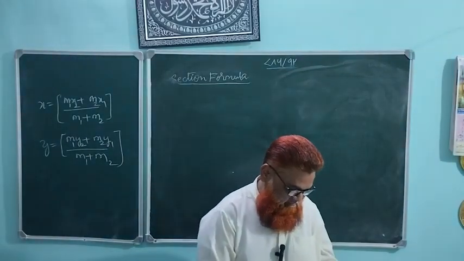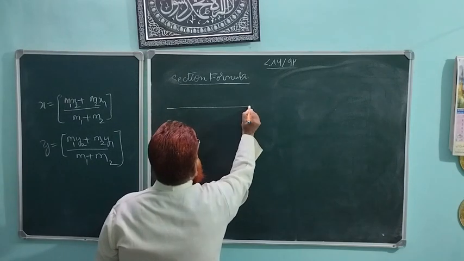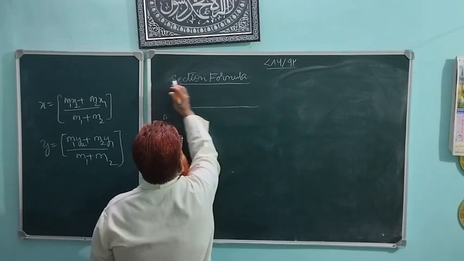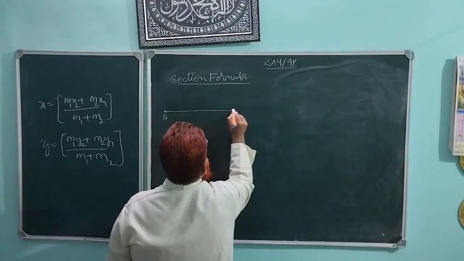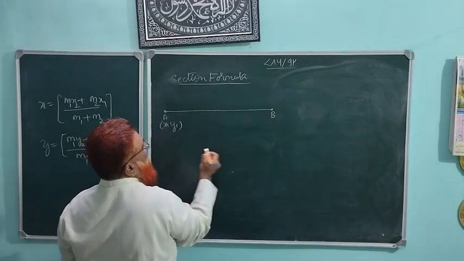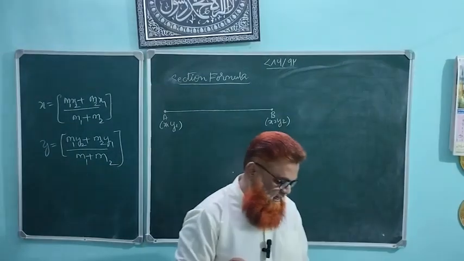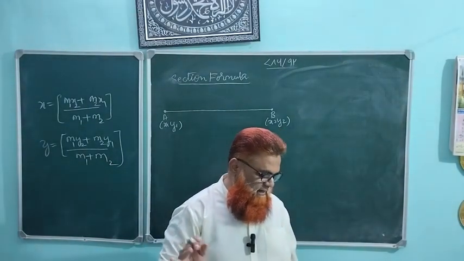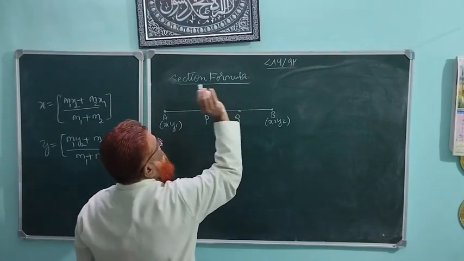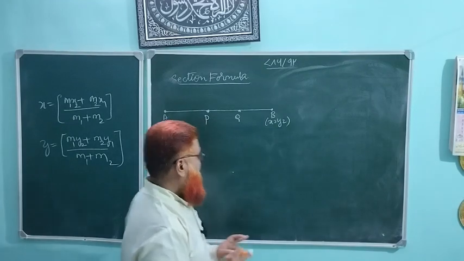Now the next problem is that a line AB, which has coordinates x1, y1, x2, y2, and this line AB is divided in trisection with the points P and Q. What is the trisection?